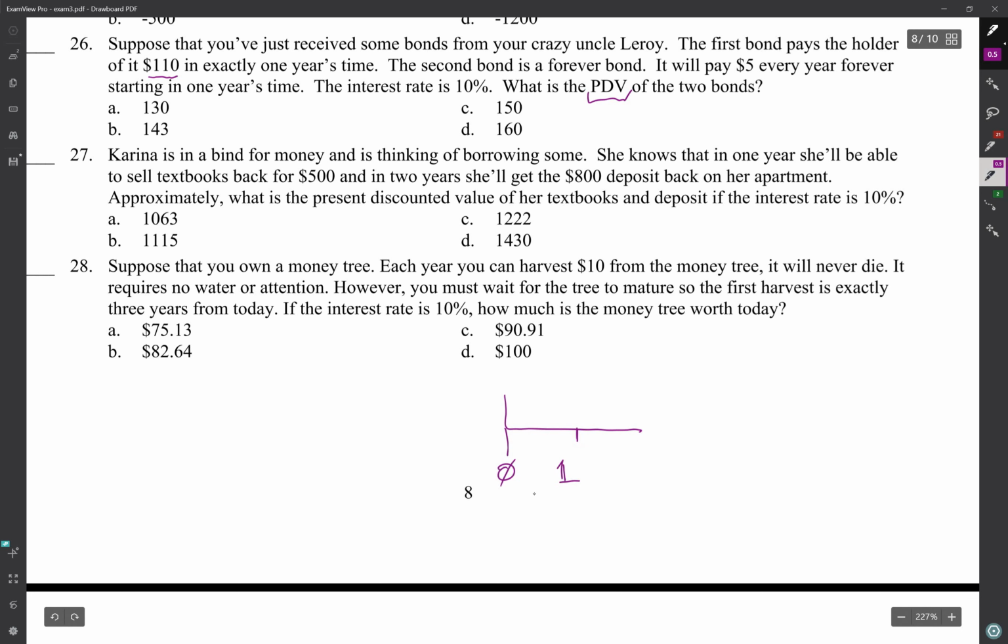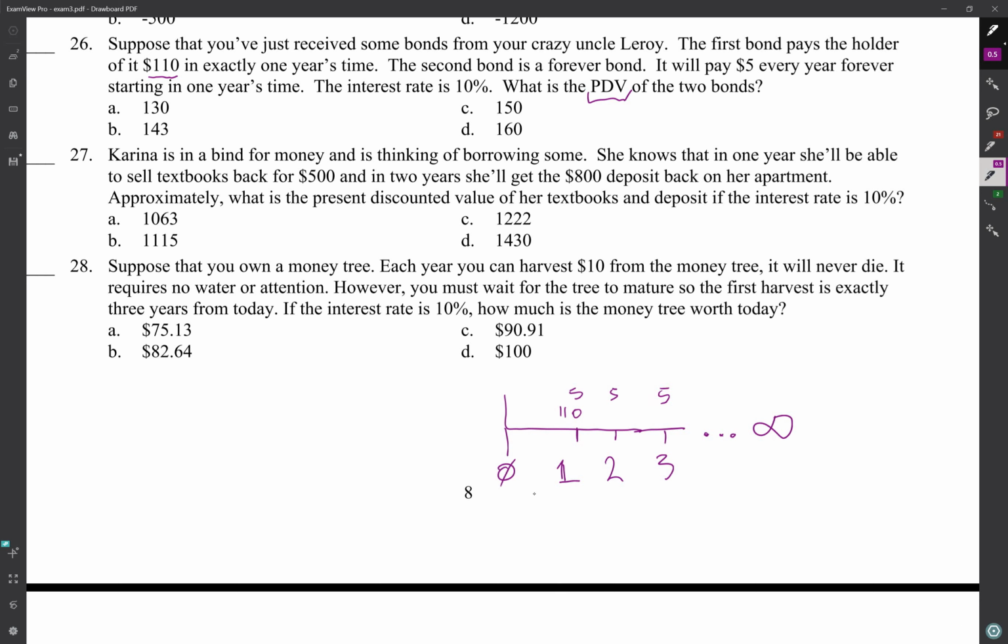So at year 1, we're getting $110, and the second bond is going to pay $5 for every year after. And this is going to infinity. So we're going to get $5, $5, $5.